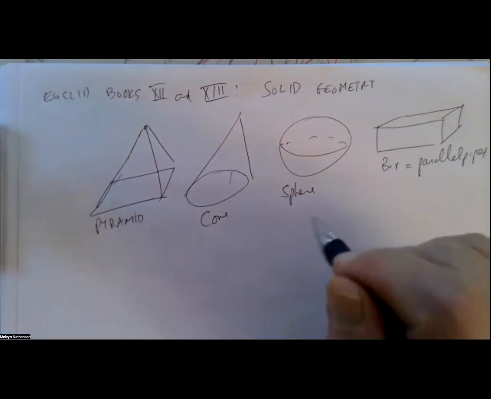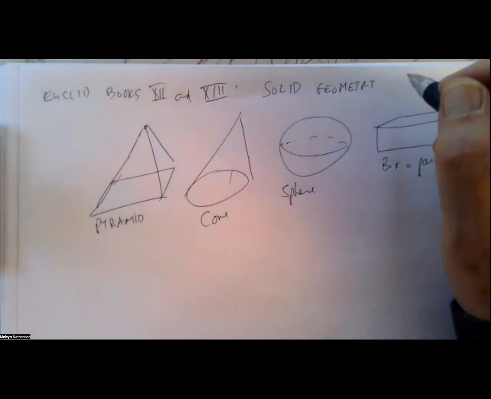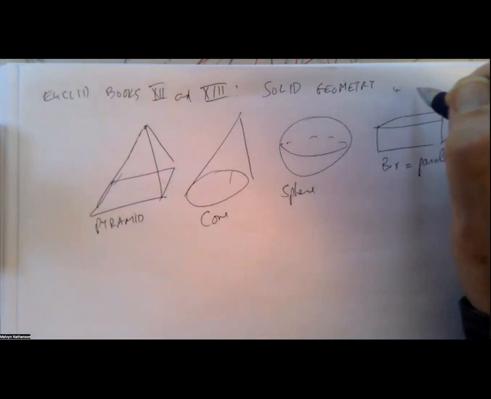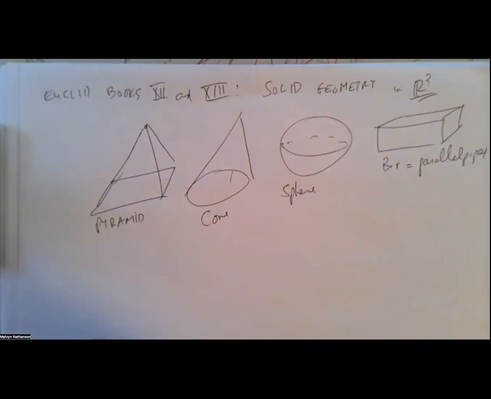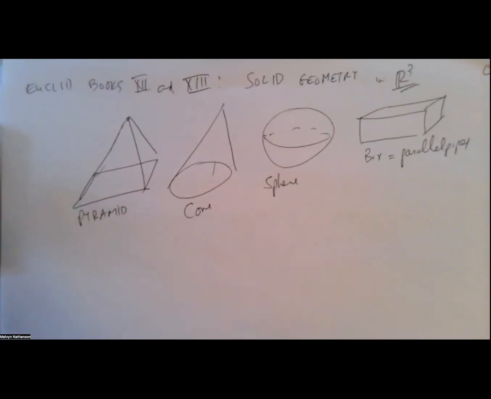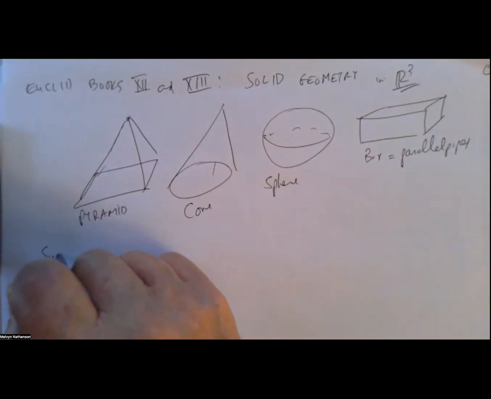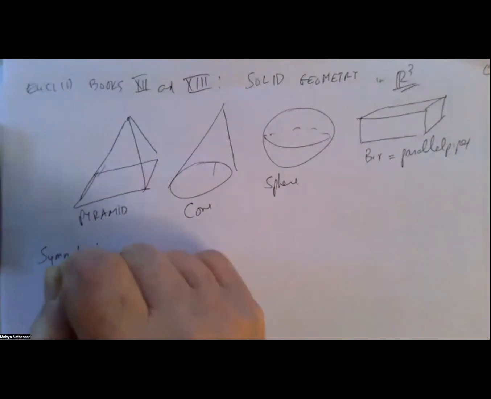So these are solid figures in three-dimensional space, in R3 is what you call it in calculus. And the Greeks were fascinated by questions of symmetry.